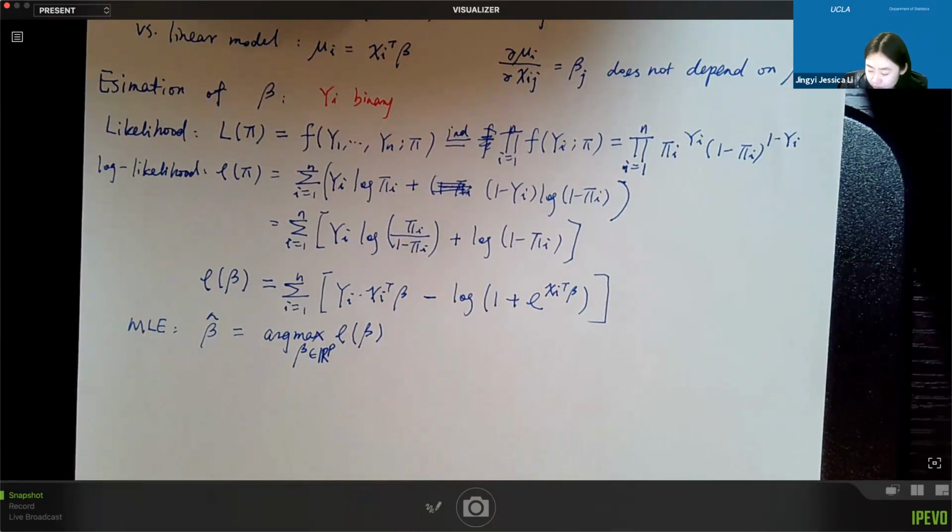Logistic regression is just the first case. And we know that in the linear model, even though we can also address the MLE problem as an optimization problem, that's easy. We have a closed form solution. We can write beta hat as x transpose x inverse x transpose y, right? But here we do not have a closed form. So we need an optimization algorithm.